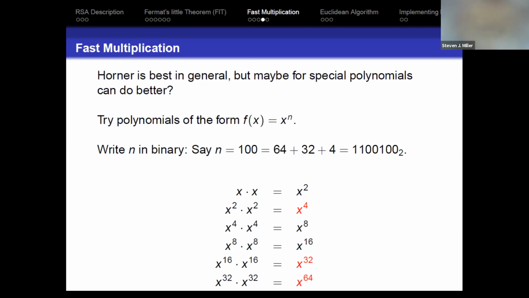Because when I'm writing my exponent d in base 2, I need to figure out what's the highest power of 2 I can take and still be less than or equal to my number. I'm clearly not going to expand using a number greater than d. So if I want 2 to the r less than or equal to d, this means that r is less than or equal to the log base 2 of d.